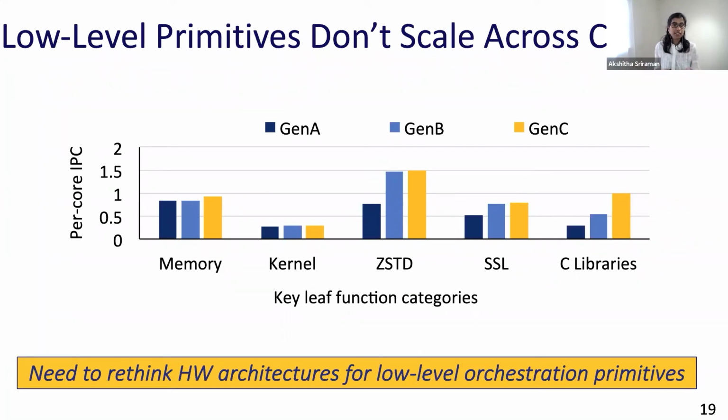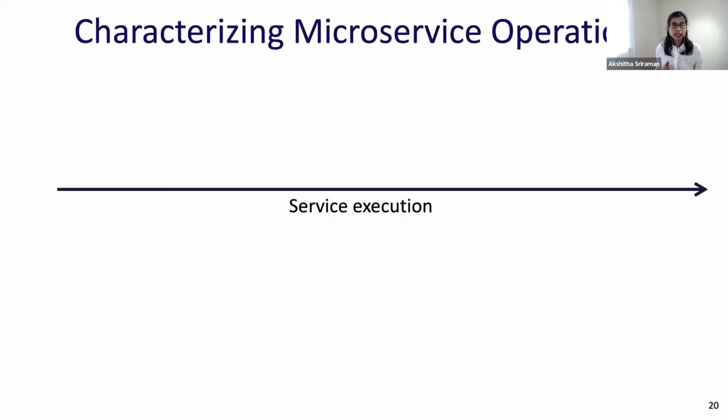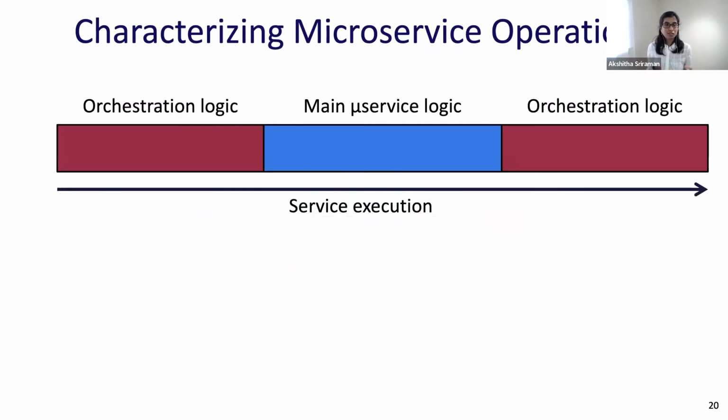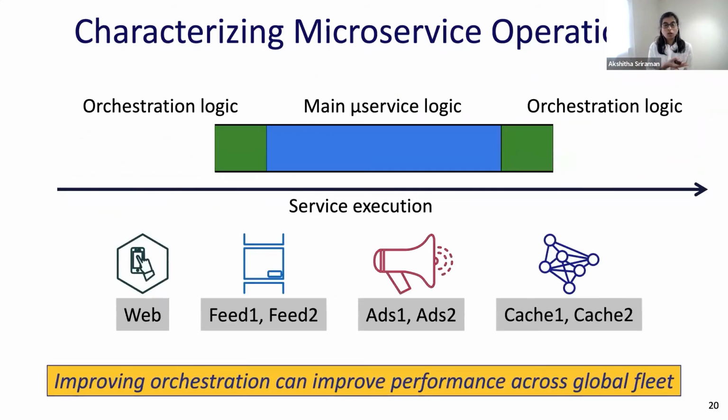So again, that reinforces the need to rethink the hardware architectures for them from the ground up. I have very detailed breakdowns that I don't have the time to show you. But the main takeaway is that we need to not only accelerate the main microservice logic, but also all of these orchestration overheads by accelerating some of these lower level common primitives to improve the performance across the global fleet of microservices.